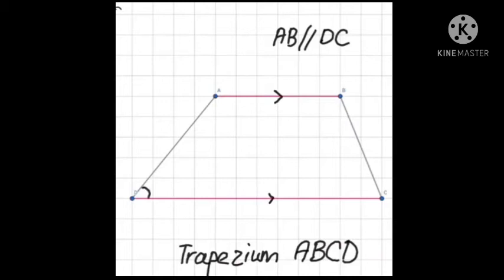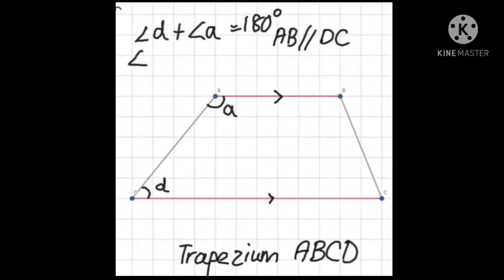The interior angle D and angle A, their sum is 180 degrees. On the other hand, angle C plus angle B is equal to 180 degrees.